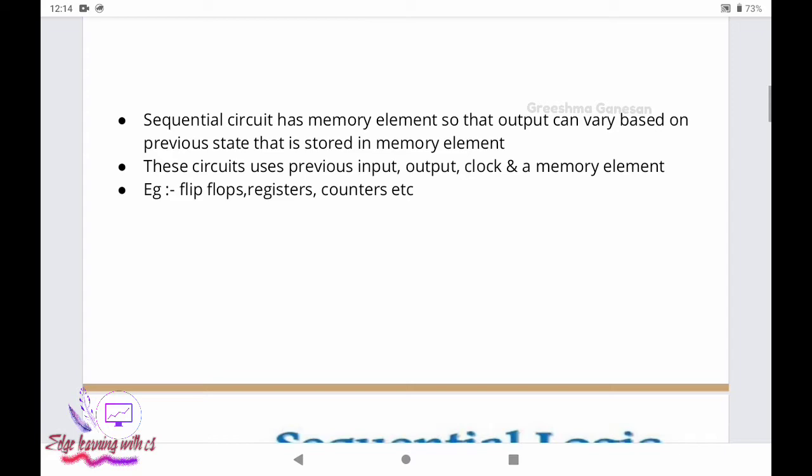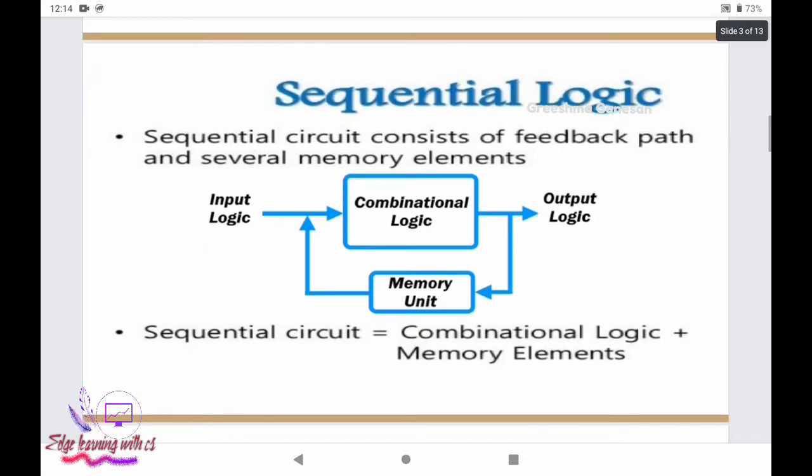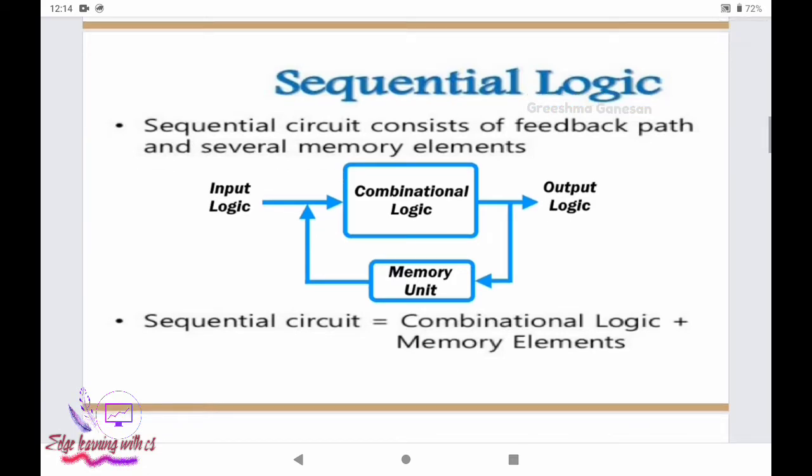These circuits use previous input, output, clock and a memory element. Let us brief it. You can see the logical diagram of sequential logic here. A sequential circuit consists of a feedback path and several memory elements.